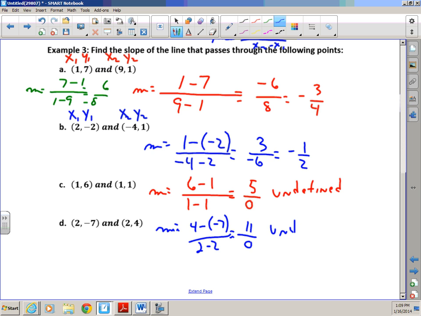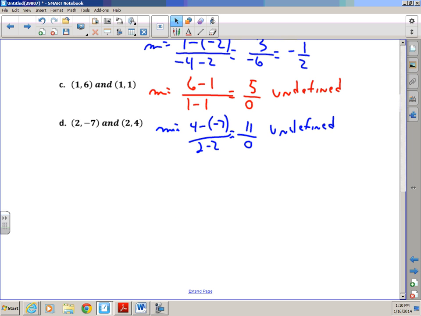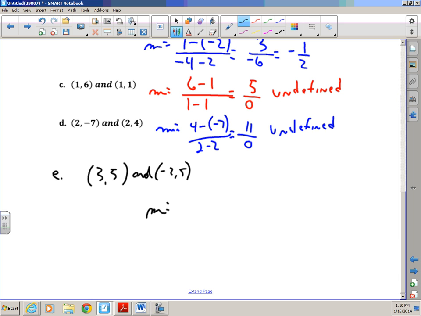Again, undefined. Okay? And then if you were to plot the points, you would see that you would have a vertical line. I'm going to tack on another one. So let's say I had 3, 5 and negative 2, 5. So my slope would be 5 minus 5 over negative 2 minus 3, or 0 over negative 5, which is 0, or 0 slope.